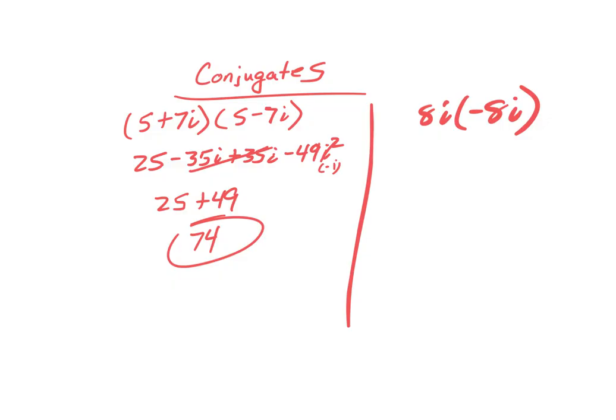And when I multiply these two together, I get -64i squared. But once again, we've seen it a bunch now, i squared is really -1. So this is really like taking -64 times -1, which ends up being 64.